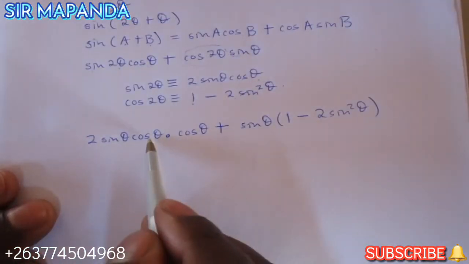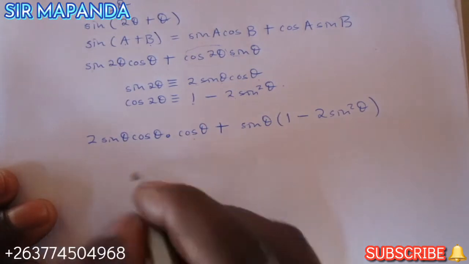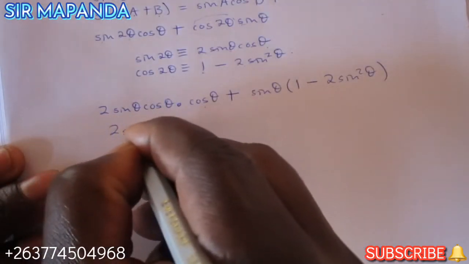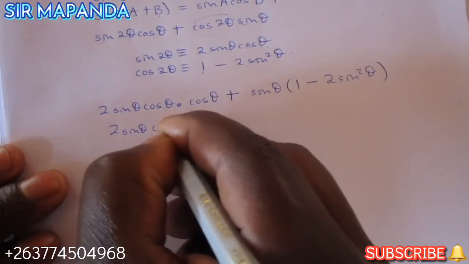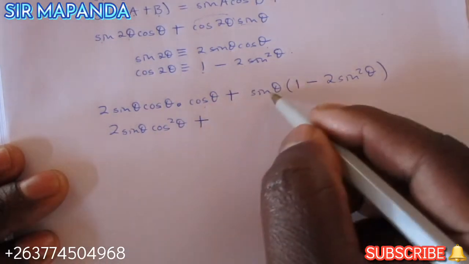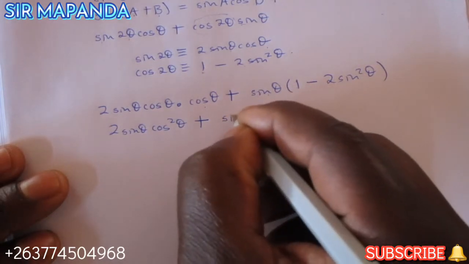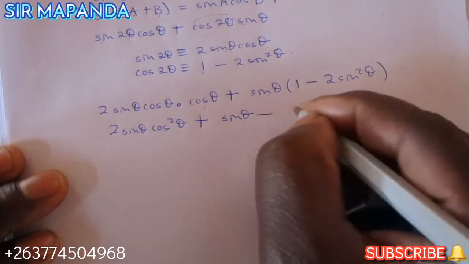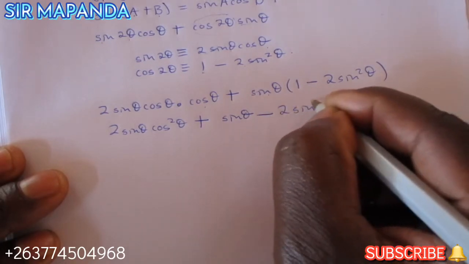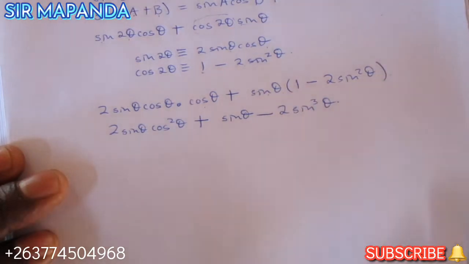You can notice that cos theta and cos theta multiply each other, giving you cos squared theta. So we now have 2 sine theta cos squared theta plus, let us remove this bracket, sine theta times 1 gives sine theta, minus 2 sine cubed theta from multiplying sine theta with sine squared theta.